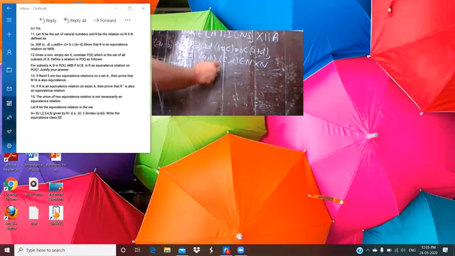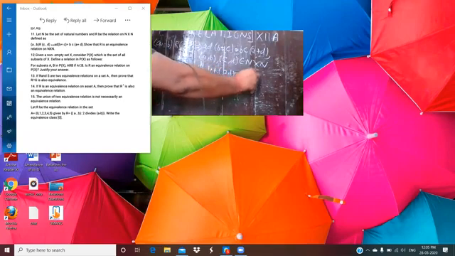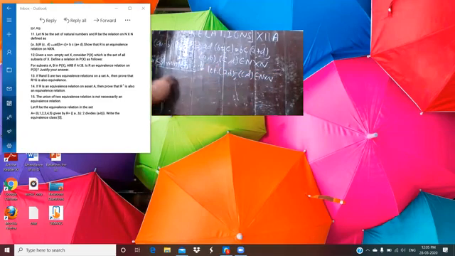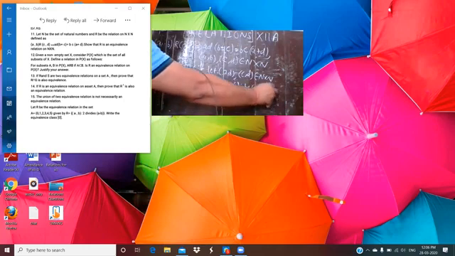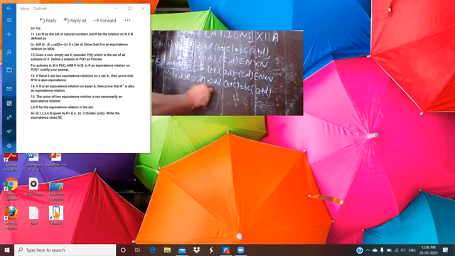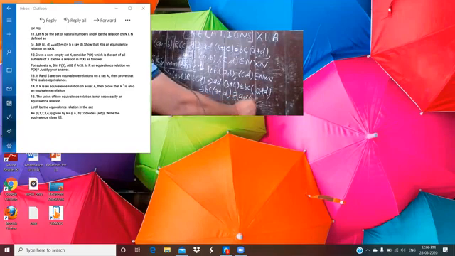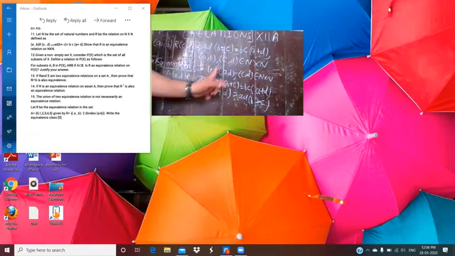For a symmetric relation, you have to take two ordered pairs. Let AB, CD belong to N cross N. So AB R CD implies AD into B plus C is equal to BC into A plus D. And this can be written as BC into A plus D is equal to AD into B plus C. You only have to interchange the right side to the left side and the left side to the right side.